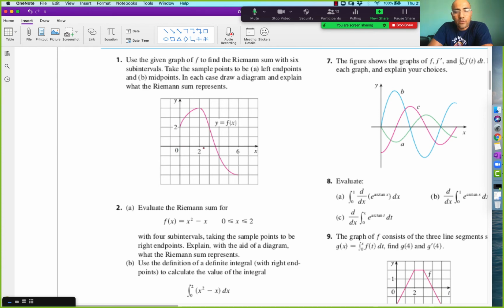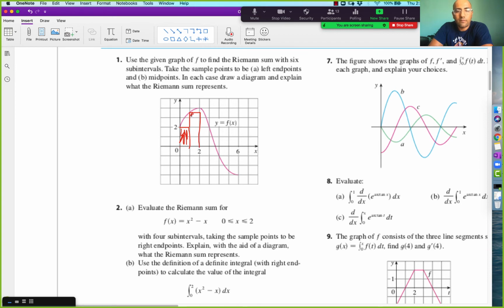Okay, so each one of these rectangles is going to have a base of 1, so that should be really easy, right? And then we want to think about left endpoints. So if we're going to use all left endpoints, then this one is going to have a rectangle there, using this as a left endpoint. And then the next rectangle is going to use this as the endpoint, which is going to go up to there. So there is going to be my next rectangle.